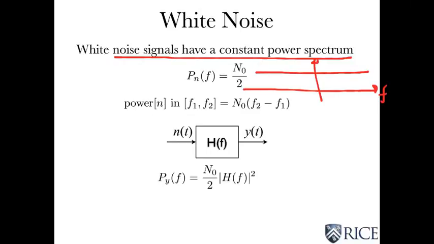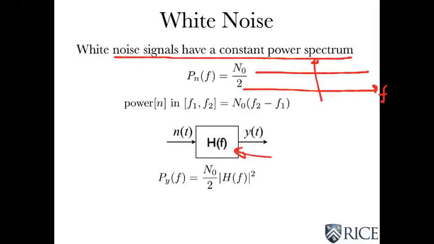So, white noise is a fiction. It doesn't exist in the real world, but it's a very convenient fiction. Very useful for us in analyzing communications problems. And believe it or not, we're going to assume that in channels, the channel adds white noise, infinite power noise, to our signal. It's going to turn out it's easy to remove that noise because of filtering.